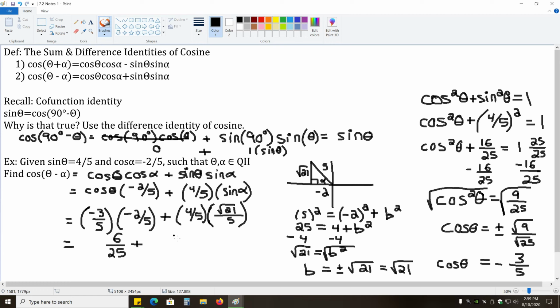Plus 4 times the square root of 21 over 5 times 5 is 25. And now we can combine them together because they have the same denominator. We get 6 plus 4 square root 21 all over 25. And that is cosine of theta minus alpha.